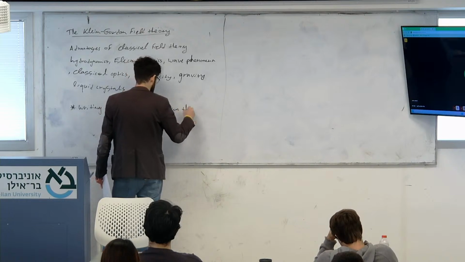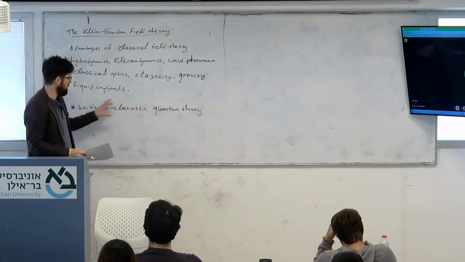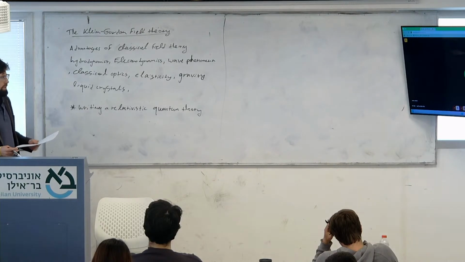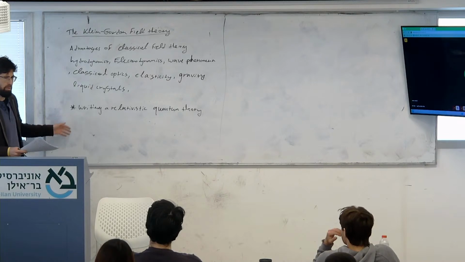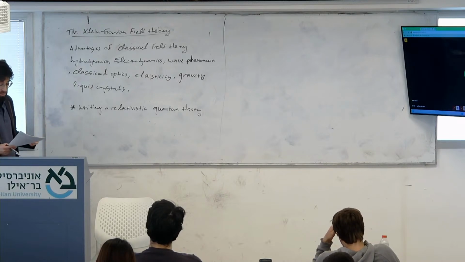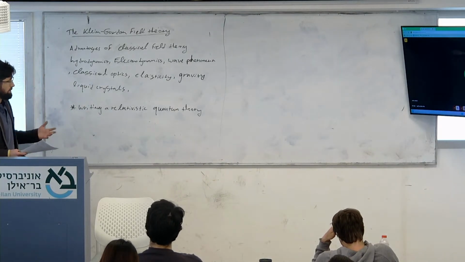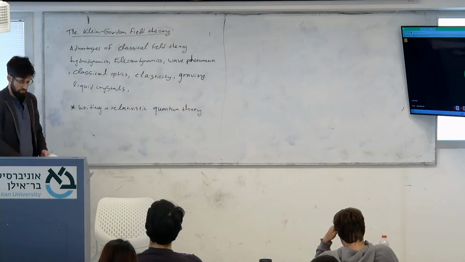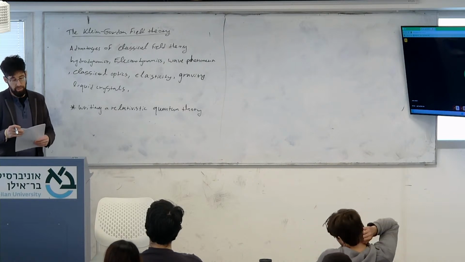So it turns out that just trying to have a relativistic quantum theory, we had Schrodinger's equation. It's not relativistic, right? I'll show you in a moment, but it's obvious that it's not relativistic. Just wanting to have a relativistic theory already pushed physicists to develop quantum field theory. So that gives us another motivation.